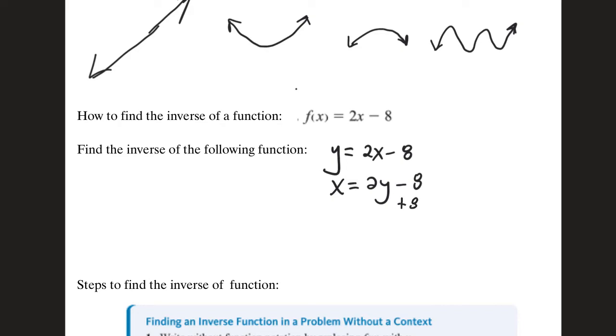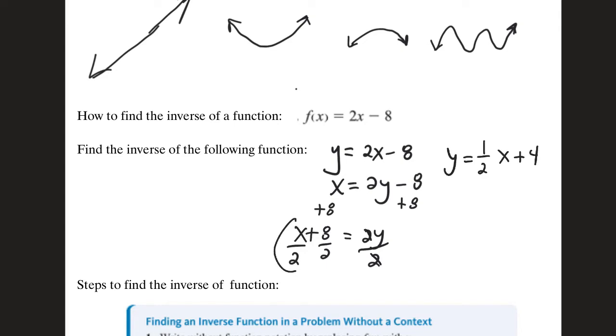So I'm going to go through all of the steps that I would go through if I wanted to isolate a variable, and the variable I'm isolating right now is y. So after I do this, I'm going to have y equals 1/2 x plus 4. Right here, x over 2 is the same thing as 1 times x over 2, which actually can be written like that.